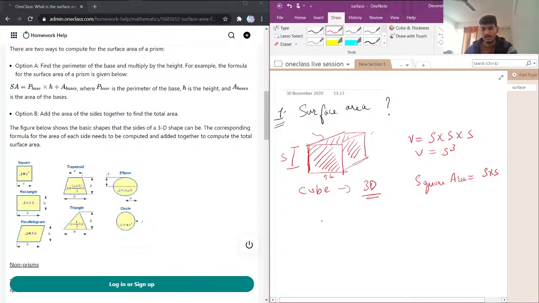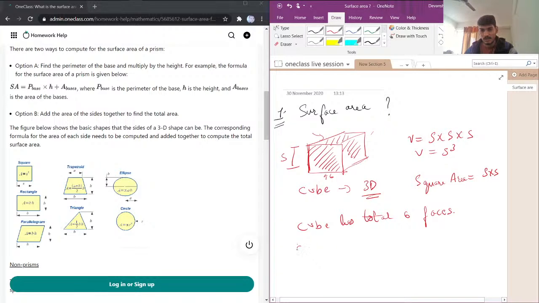So a cube has a total of 6 faces, and every face is a square.